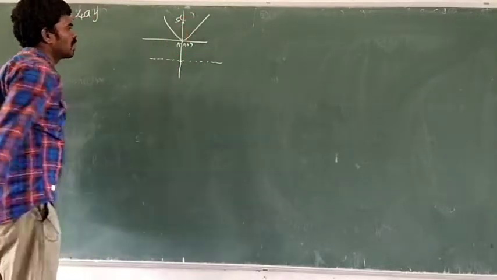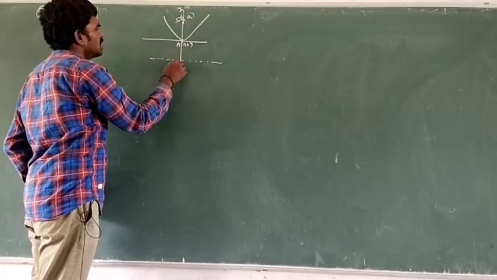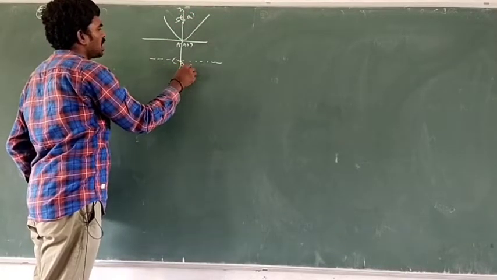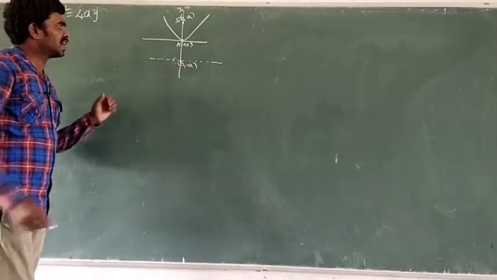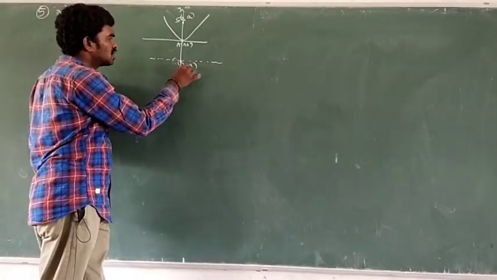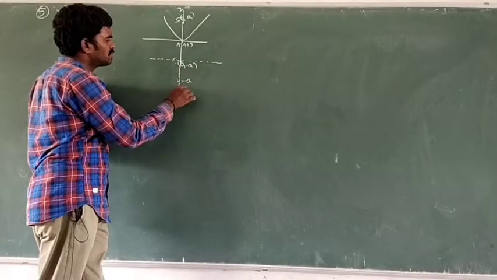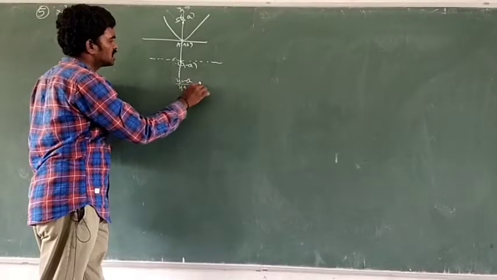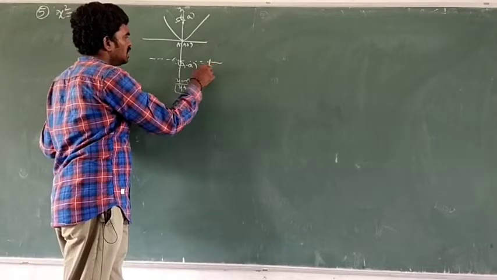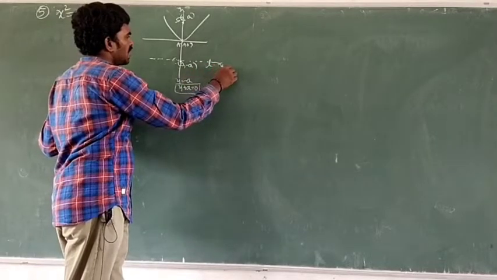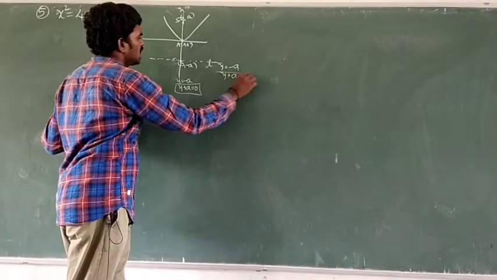These points are on the y-axis, so it becomes (0, a) and (0, minus a). Therefore the equation of the directrix becomes y equal to minus a, so y plus a equal to 0. This is the equation of the directrix.